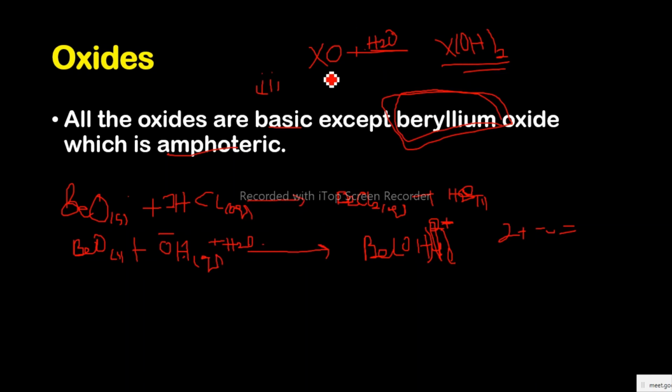But the rest of the group members, their oxides do not react with bases. They dissolve in water to form basic solutions. Being basic, you can't expect them to react with a base, but they can react with an acid, and the reaction is the same.